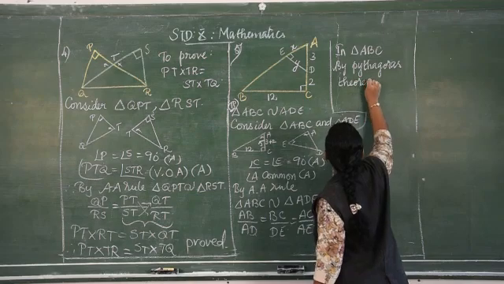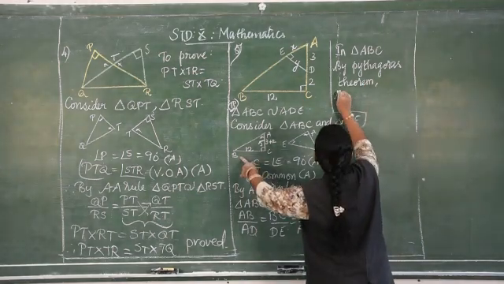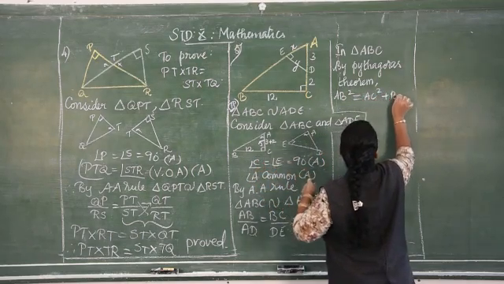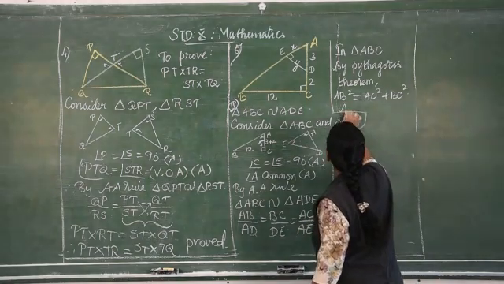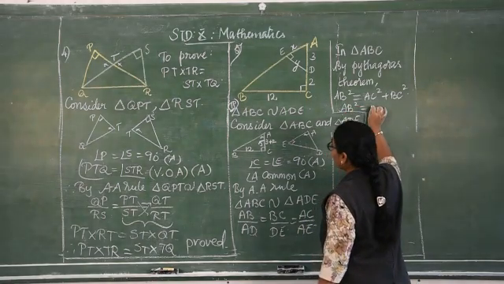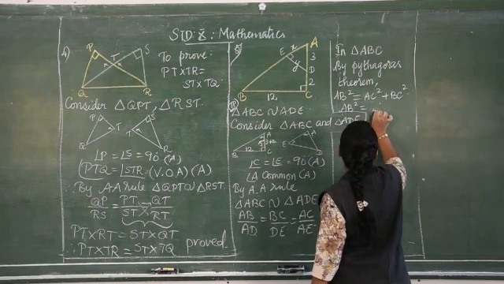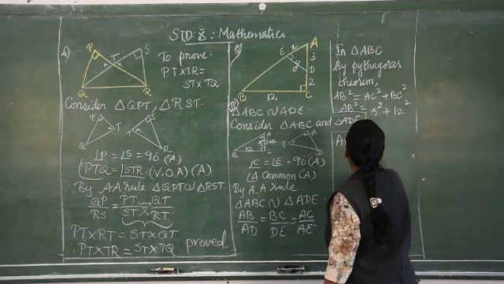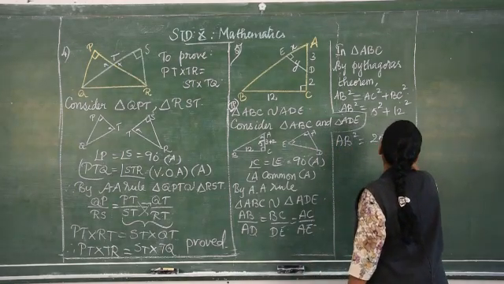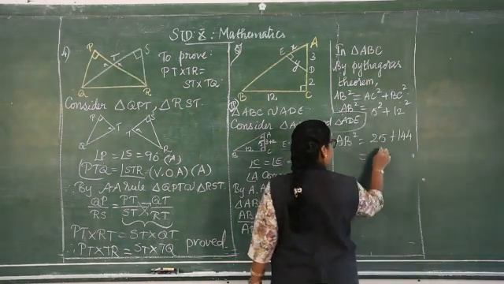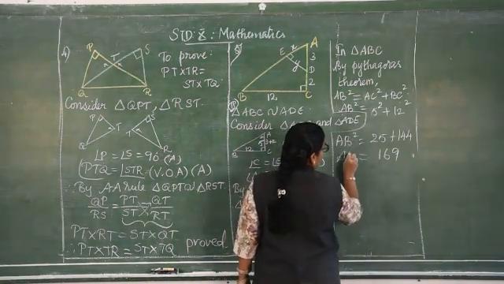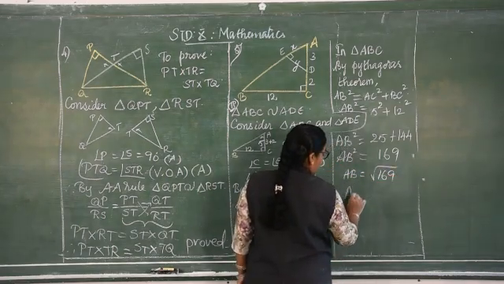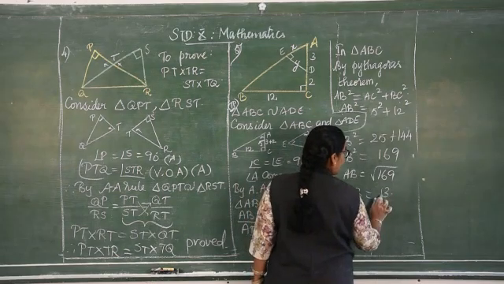By Pythagoras theorem, AB square is equal to AC square plus BC square. So AB square is equal to 5 square plus 12 square, which is 25 plus 144. So you will be getting 169 as AB square. AB is equal to square root of 169. So AB is equal to 13 centimeters.